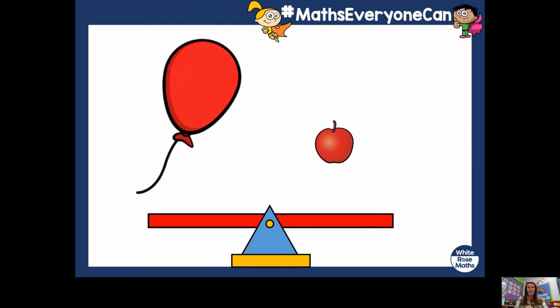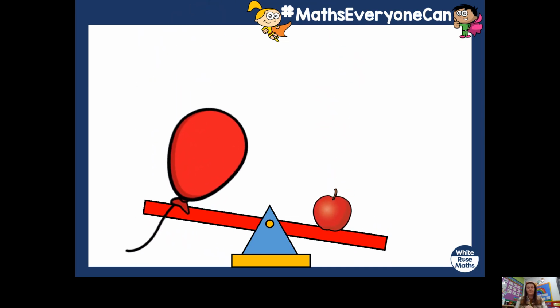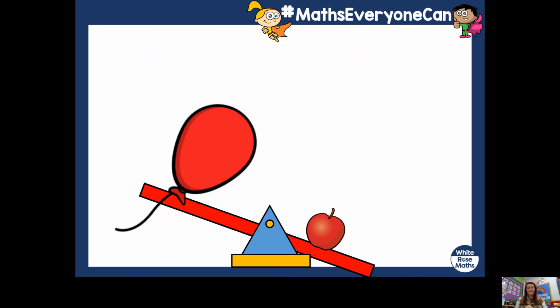I've got a balloon and an apple. What's going to happen? Can you explain what has happened using the key words heavier and lighter? What has happened to the balance scales when we've put a balloon and an apple on? What has happened?